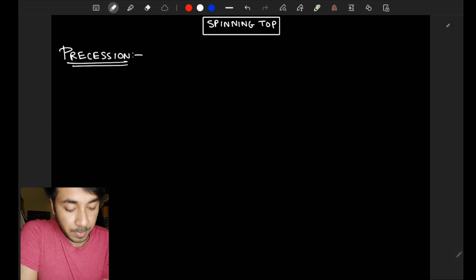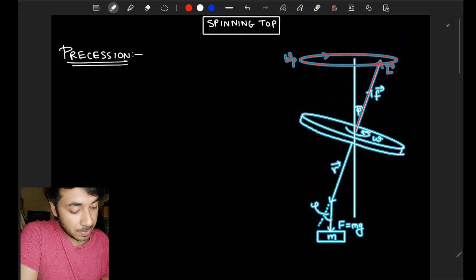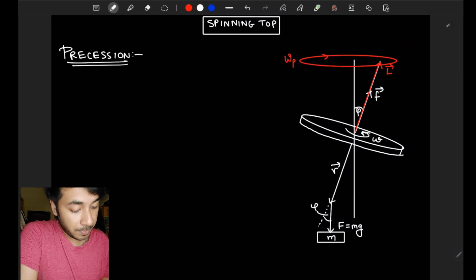I have also made a sketch of it already, so I will just add it here. What you see here is a top rotating on its own axis, its own symmetry axis, with an omega.